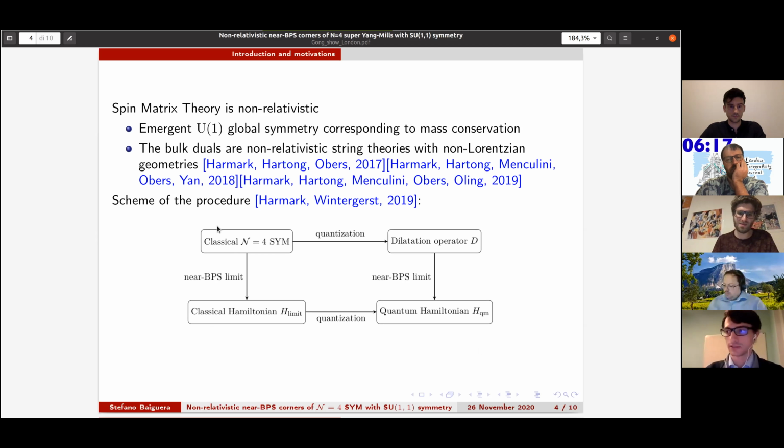The standard procedure that was performed previously in the literature, for example, by Beisert and other papers, is to first study the quantization of the dilatation operator and then restrict to a near-BPS limit in order to consider particular sectors of the theory. What we did instead is to, first of all, impose the near-BPS limit, which means performing the sphere reduction at the classical level, finding a classical Hamiltonian, and then give a prescription to quantize the theory.